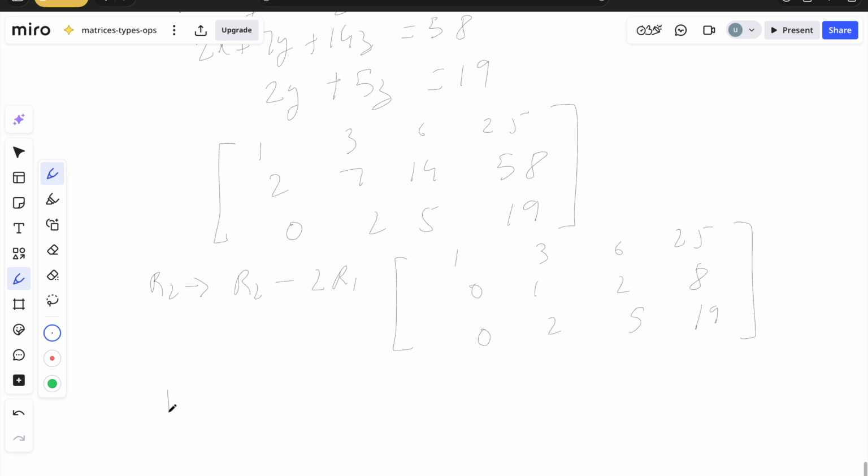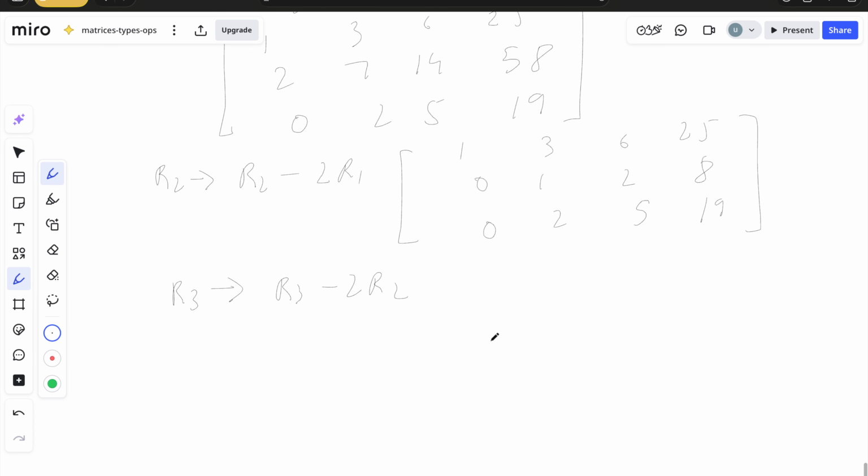You again perform R3 minus 2 R2, which gives you the system of linear equations that reduces to 1 3 6 25, 0 1 2 8, and 0 0 1 3.